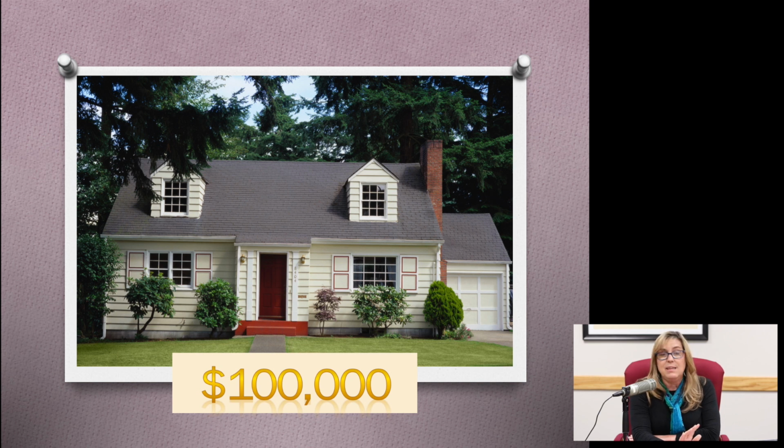So first, we're going to start with some very simple math so you can understand 2016 versus 2017. So I have it as an example, a house here. And we're going to say that this house is worth $100,000. Now, I know you're in Concord, but don't worry about that, because for now, we're just doing simple math.